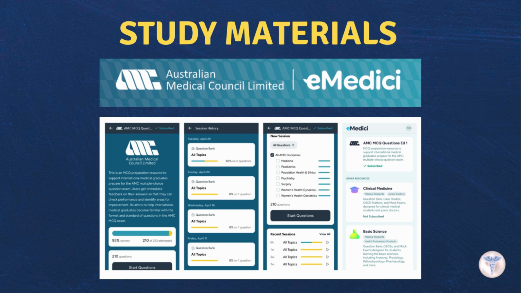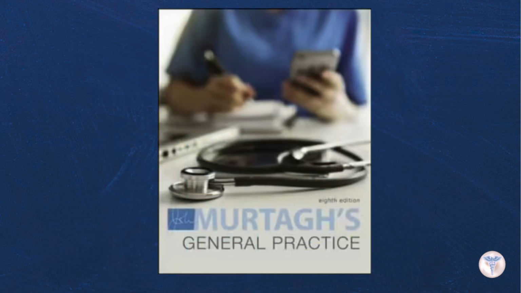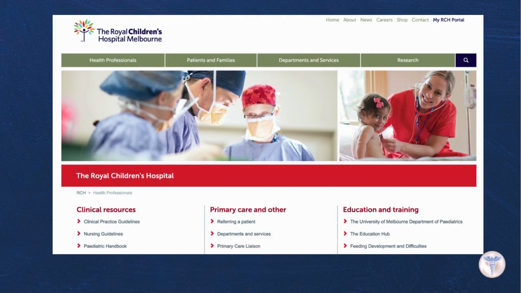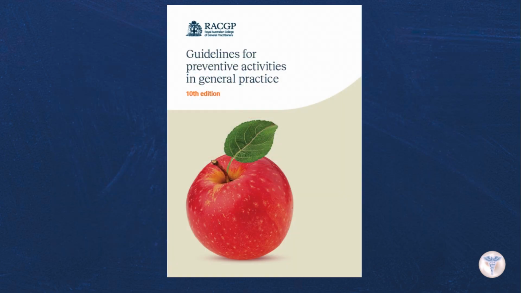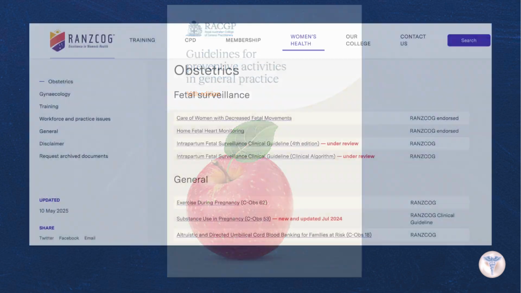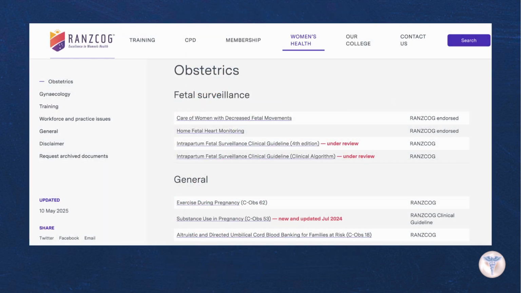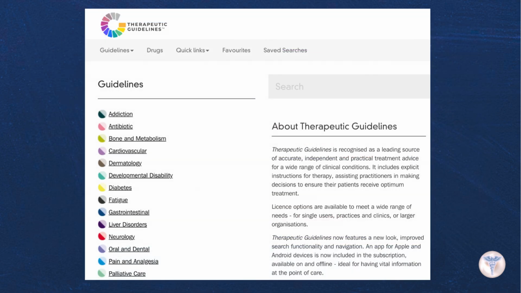This allows you to familiarize yourself with the types of questions and topics in the exam so that you can approach the exam with confidence. Other resources recommended by the AMC are John Murtagh, online references like the Royal Children's Hospital Guidelines, the Red Book, the RANZCOG Guidelines, the Therapeutic Guidelines, and many more.